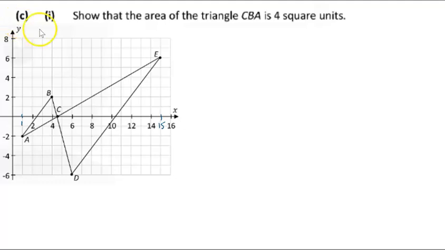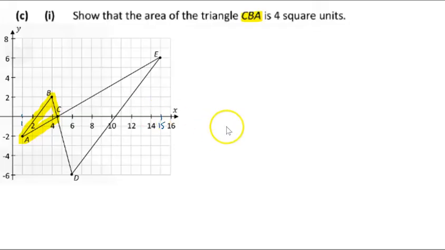C, part 1. Show that the area of the triangle CBA is 4 square units. So this is the triangle CBA. We can see from the diagram that the triangle does not have one of its vertices at the origin, 0, 0.